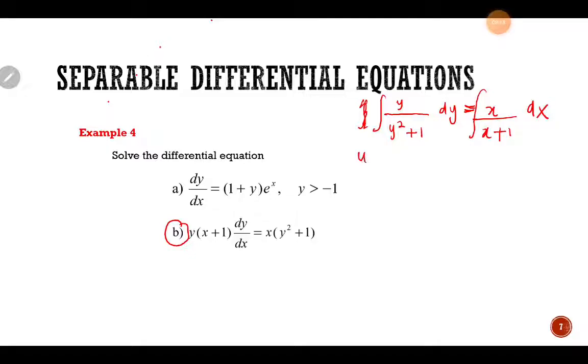So here I let u equals to y square plus 1. So du over dy is equals to 2y.